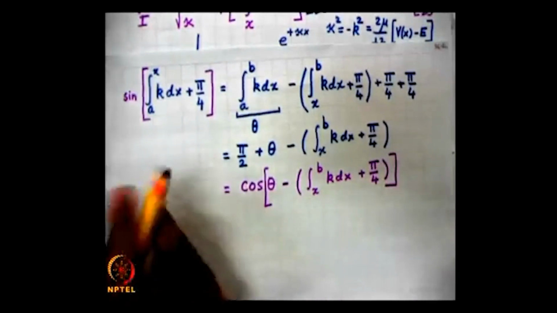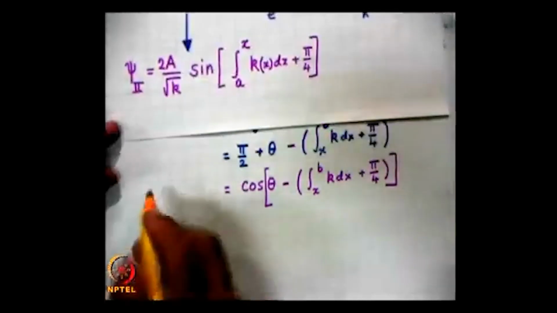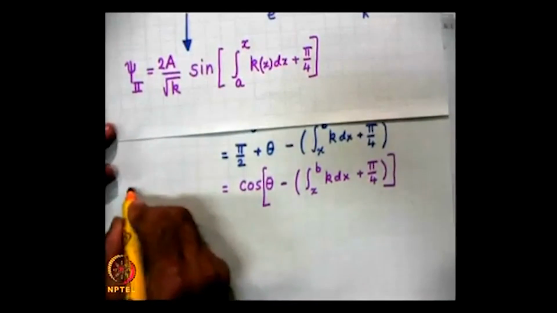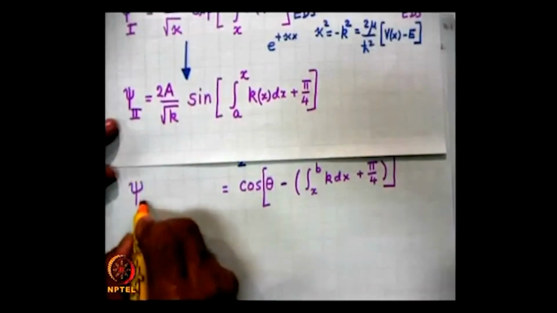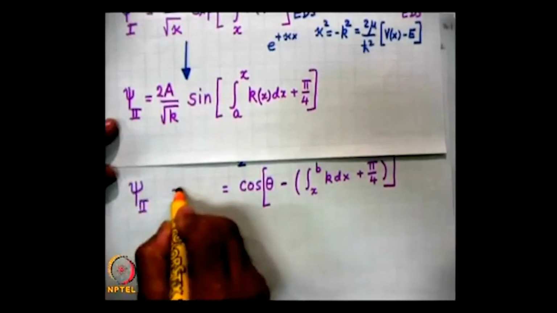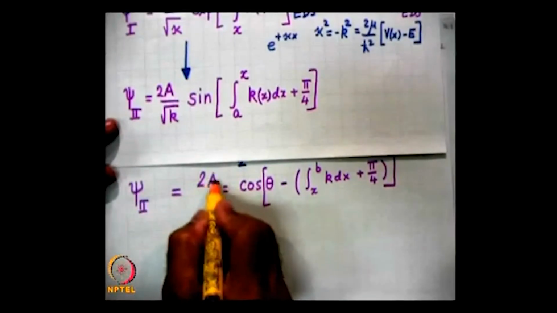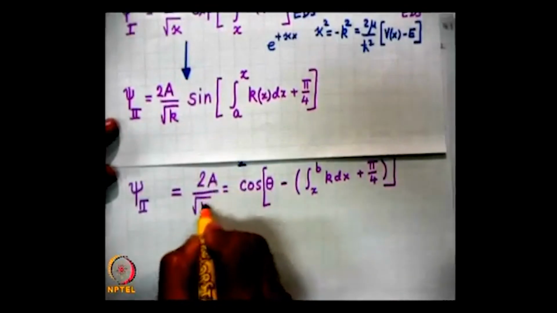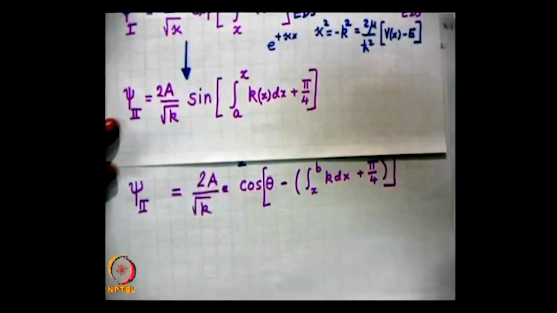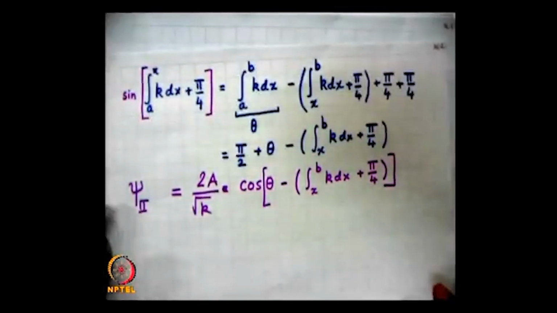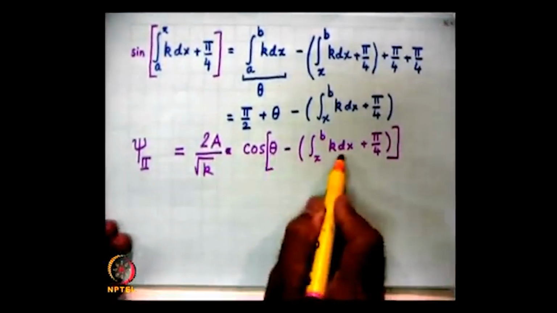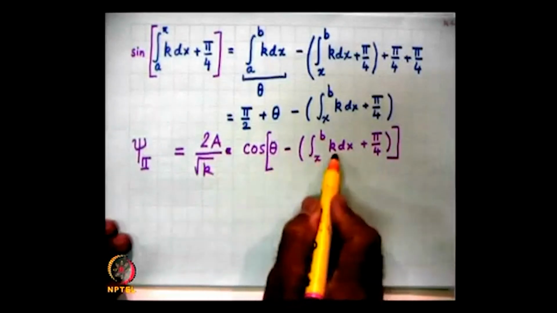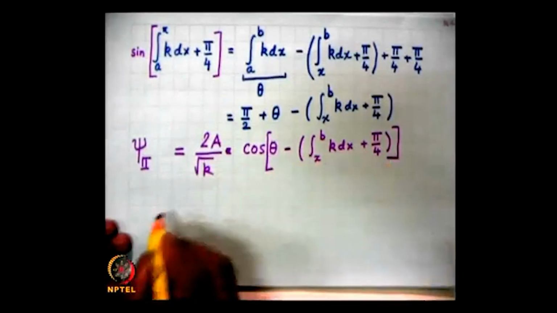So, my WKB solution, as we had written down, psi 2 will be equal to 2a by root k multiplied by this. Okay. So, this is my WKB solution. Now, this is cos of a minus b. So, cos a cos b plus sin a sin b.